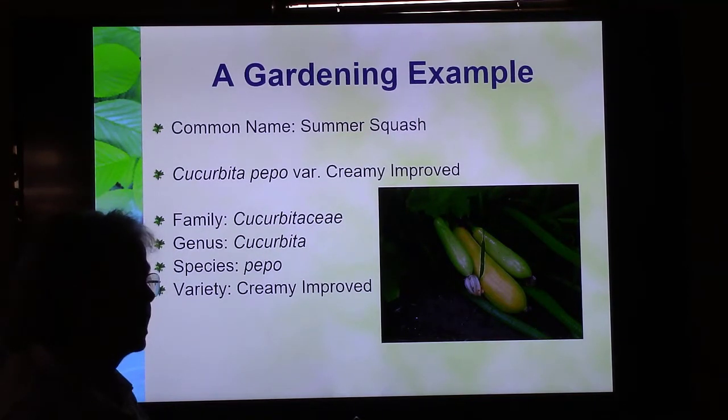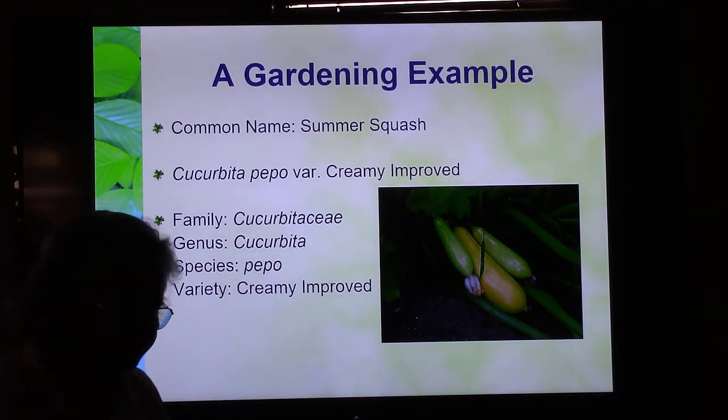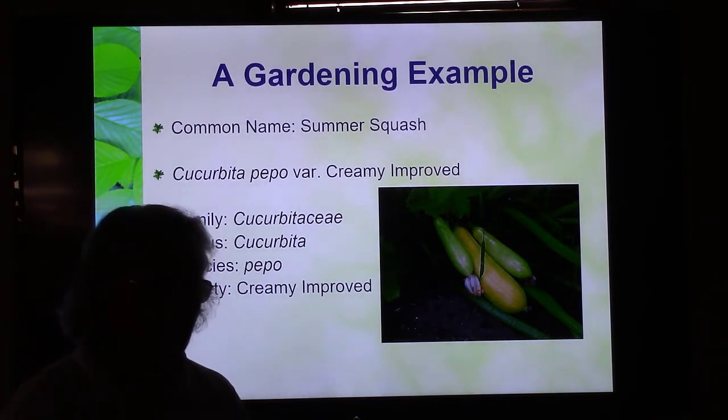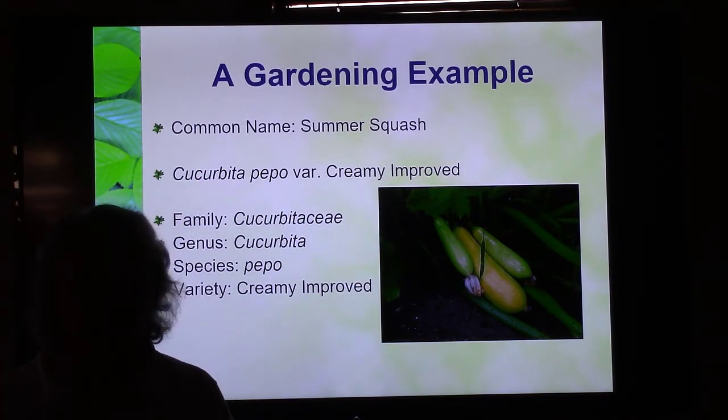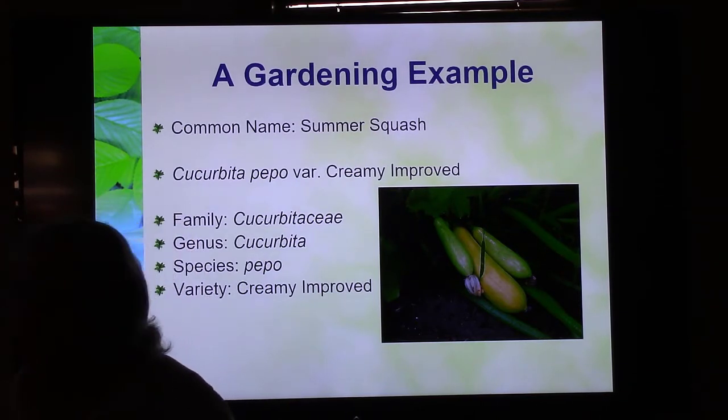Now that's helpful when you are looking at a seed catalog or something and you wonder what you're looking at. Now, I will tell you that when I was in college studying this stuff, they promised me, go ahead and spend the time to learn the scientific names because they never change.